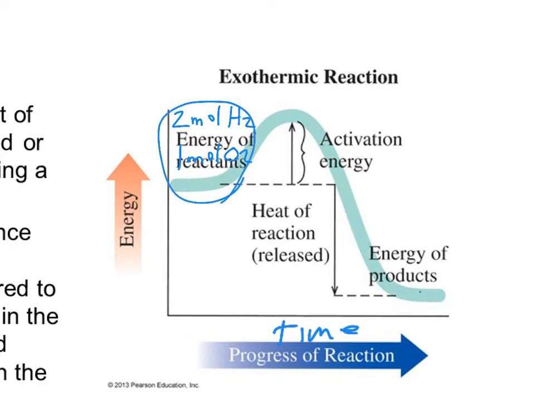Over here represented by this line, we'd have our 2 moles of water. The difference in height between those two lines is equal to the heat of reaction. In this case, we know from the previous slide that it was 572 kilojoules.